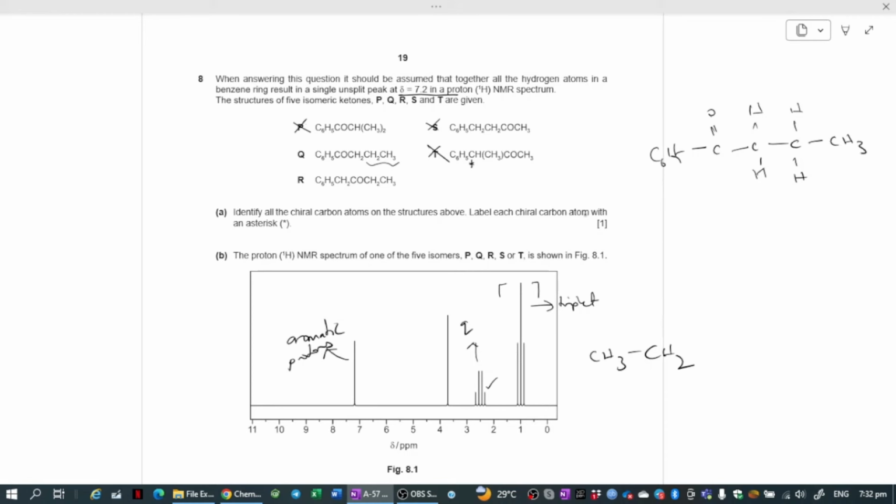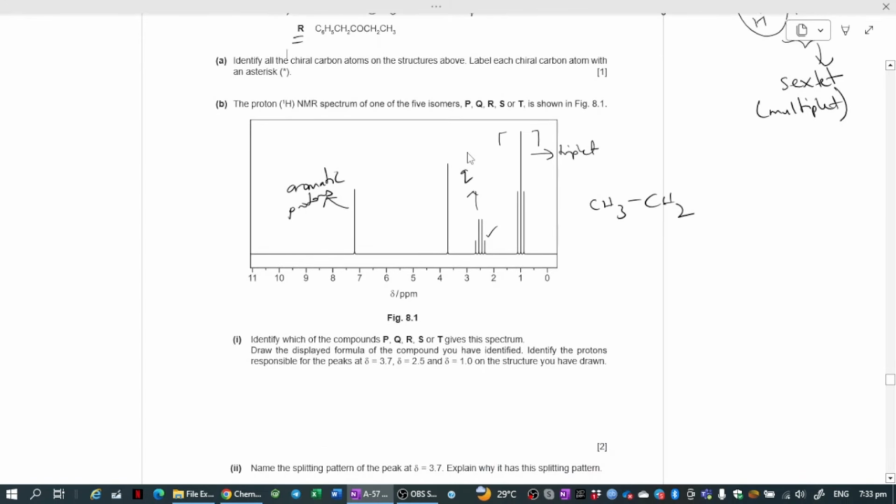So this CH3 would indeed give a triplet peak. This CH2, on the other hand, would give a triplet peak as well. So we should see two triplets if it was Q. And this CH2 here would actually give 3, 4, 5. 5 plus 1 is 6. It will give something known as a sextet, which we will simply call a multiplet, right? So it cannot be Q. It has to be R by the process of elimination.